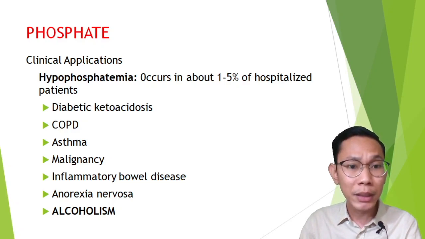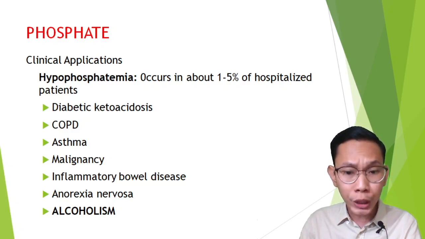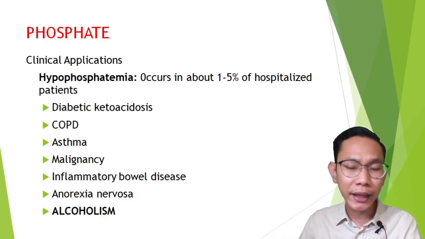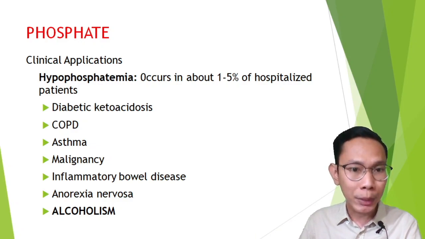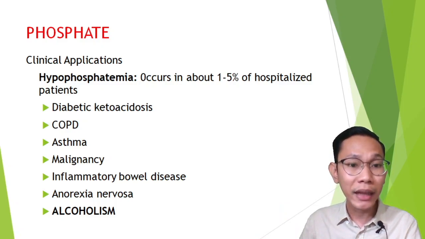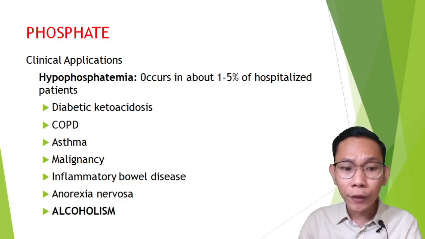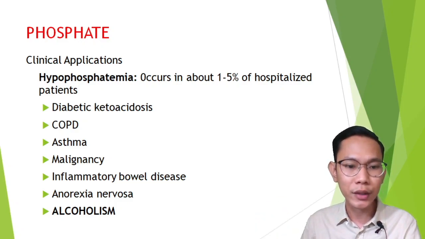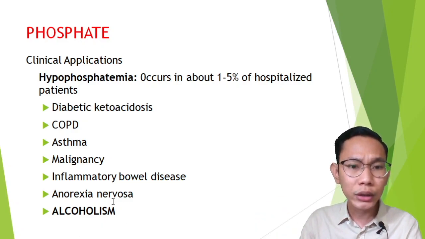It's probably as a result of poor food intake. Remember that your phosphate comes from your diet. Again, it could also be due to vomiting. So when we vomit, of course we excrete a lot of your phosphate. Kaya bumababa ang level ng ating phosphate. And nagkakaroon din tayo ng marked phosphaturia, meaning increased excretion of your phosphate. So these are the reasons why nagkakaroon tayo ng hypophosphatemia sa ating alcoholism.